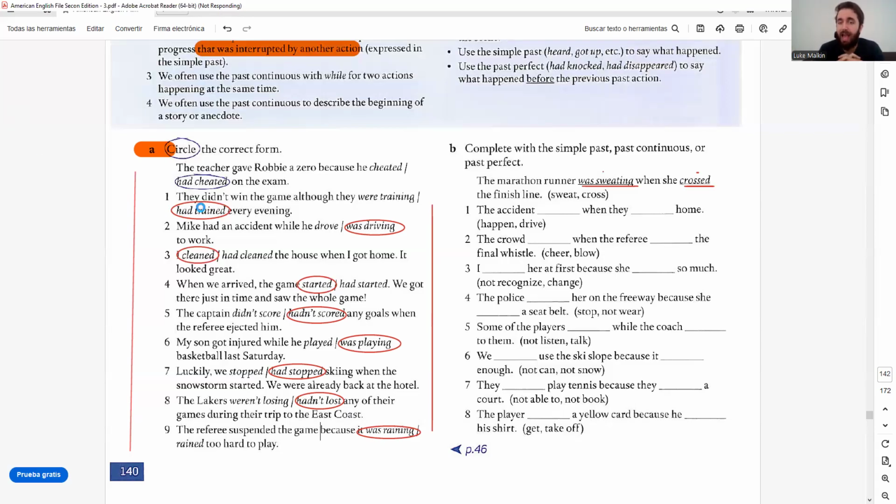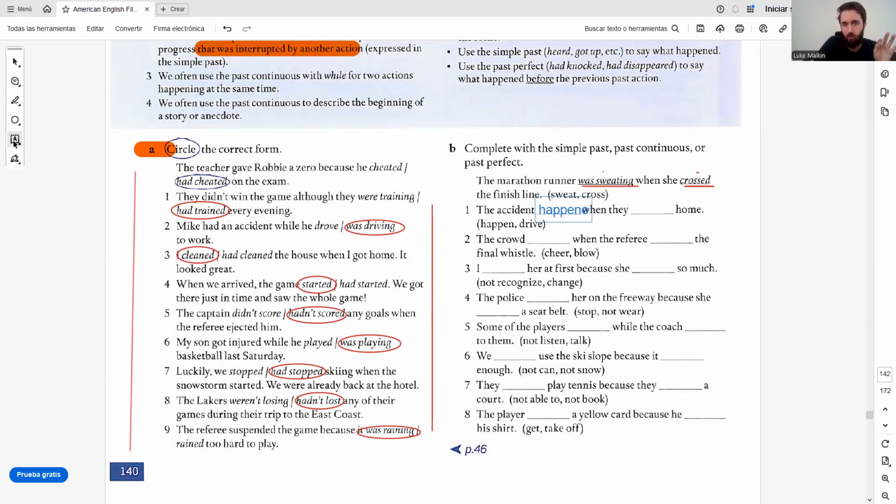The accident happened when they were driving home. Happened is the event. Were driving was in progress.